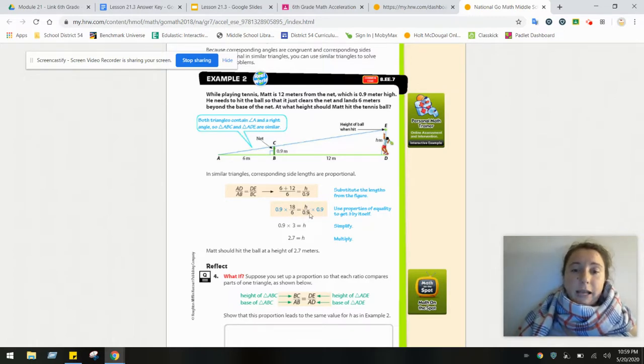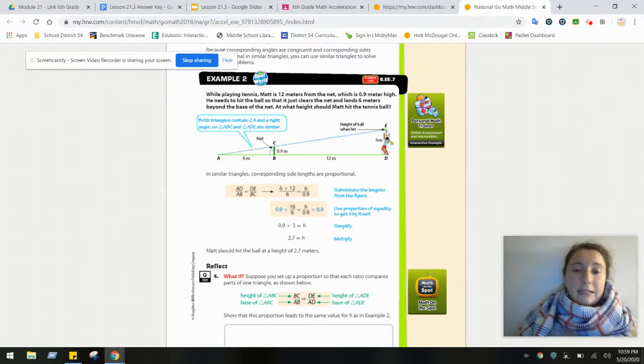Now, since we're dividing, we're going to use a little bit of algebra and inverse operations to figure out how to get H by itself. Since we're dividing by 0.9, we're going to multiply by 0.9 instead, so that these two can cancel, and we multiply by 0.9 on this side. So here we'll just be left with H once they cancel, and what we'll do is simplify this fraction. 18 divided by 6 is 3. So 0.9 times 3 is 2.7.